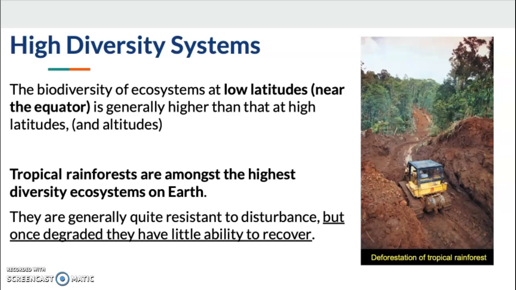We hear a lot about how we're destroying the rainforest, and what's happening is we're degrading the rainforest past a point where it can't recover. So we've pushed it past its brink, where even though it is a very diverse system, it is no longer able to recover.